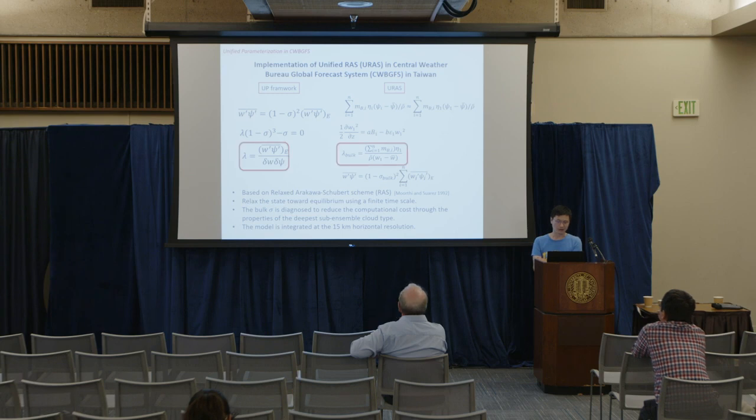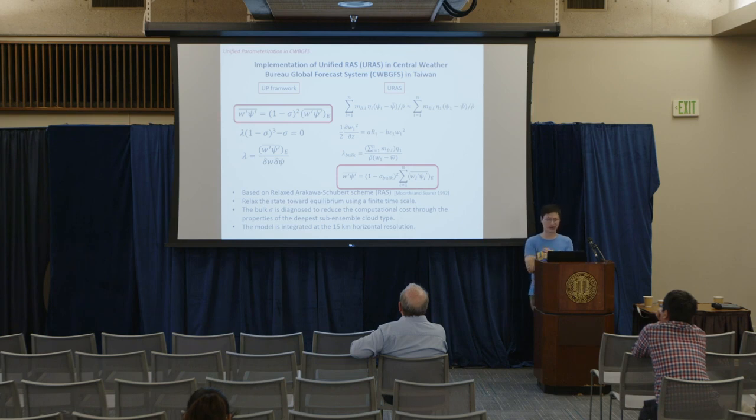Then with this property we can calculate lambda, and through solving the sigma equation, we can calculate W prime phi prime bar, the eddy flux, determining sigma from the URAS. So that's the simplification for the formulation.